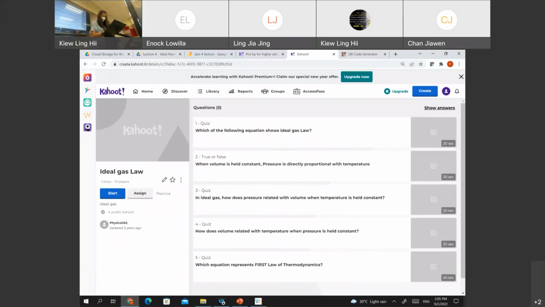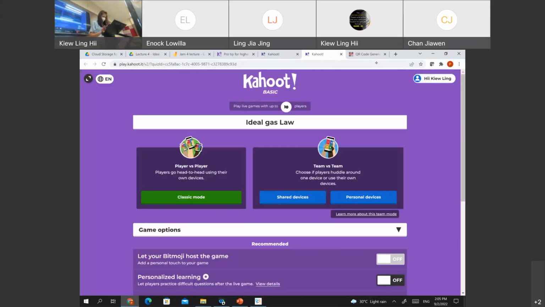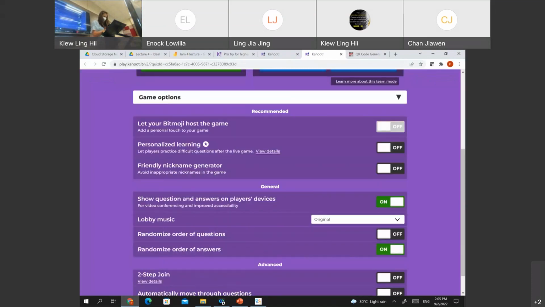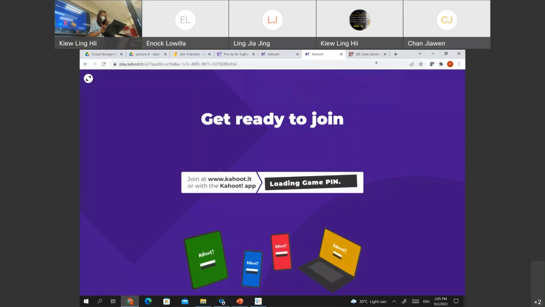So quickly see which part you are better at. Ideal gas law first. I will show the question on your screen so that it's easier for you to check.